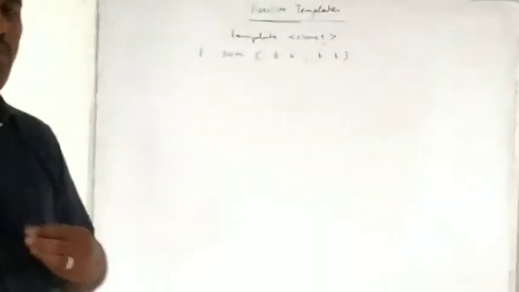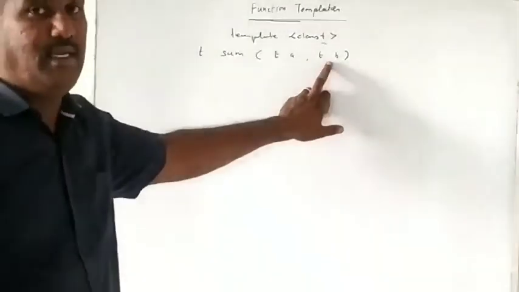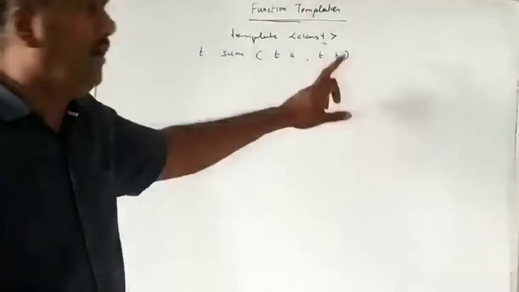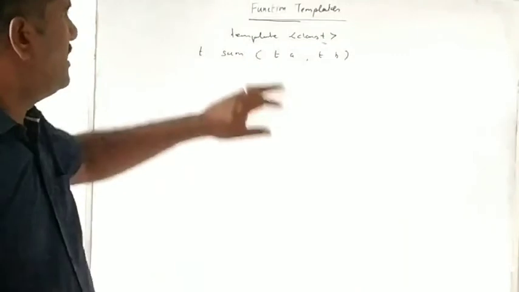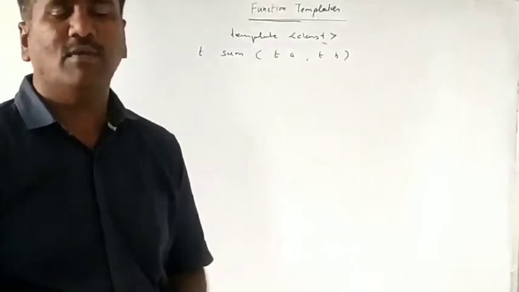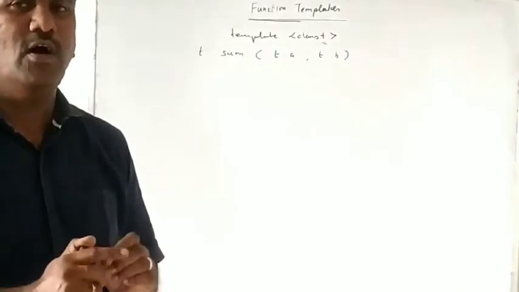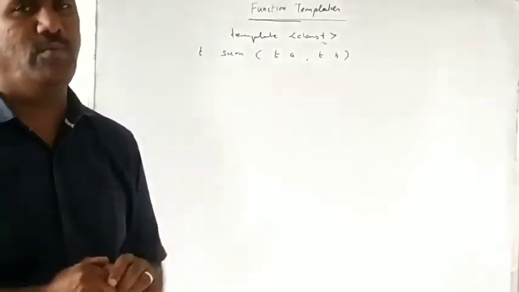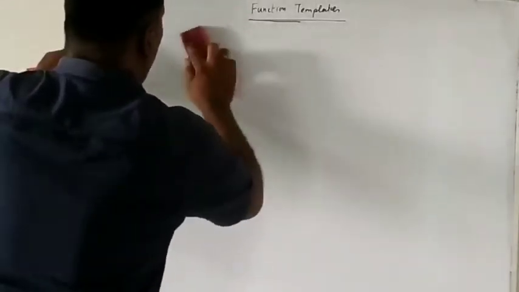Suppose I want to pass different data types, such as integer and float, or float and integer. Suppose mixed data types are passed to the function; how do we define the function template for mixed data types or mixed arguments passed to the function template?